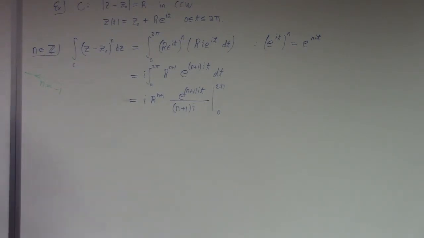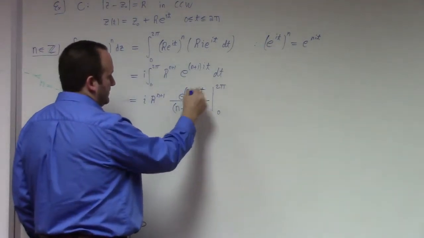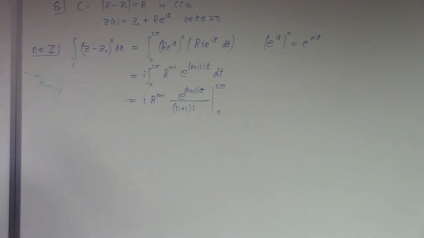But this is a complex notation for all that. So what is that? It's e to an integer 2 pi multiple of i, and I've got e to the 0. So the upper and lower bounds cancel, and what do you get?